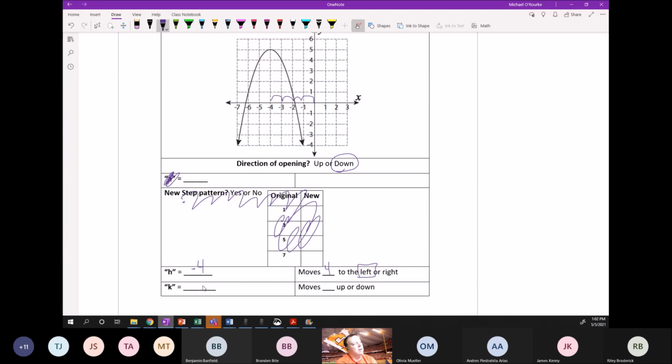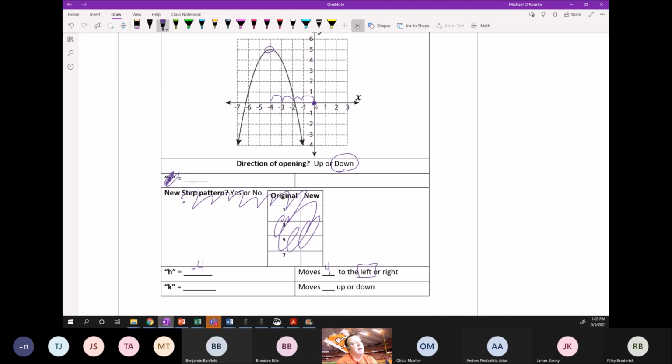Now, did the parabola move up or down? Looking at the vertex, did it move up or down? It moved down. Wait a second, Mackenzie. The vertex, remember it starts right here, that's where it usually is.